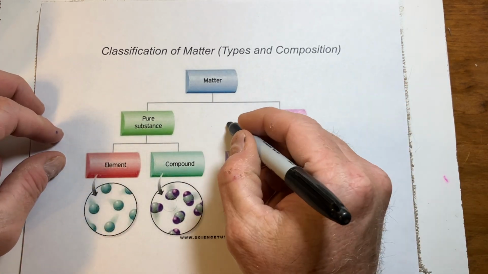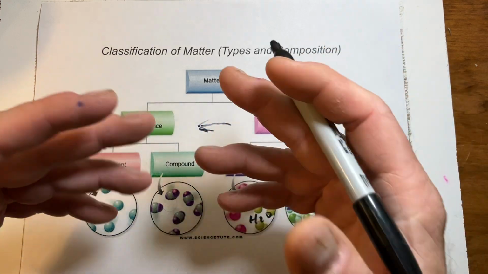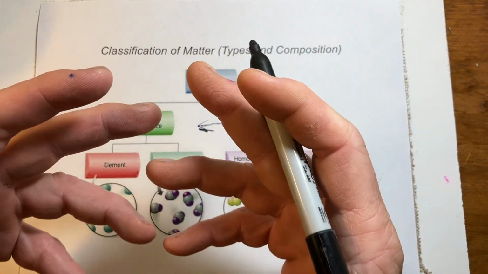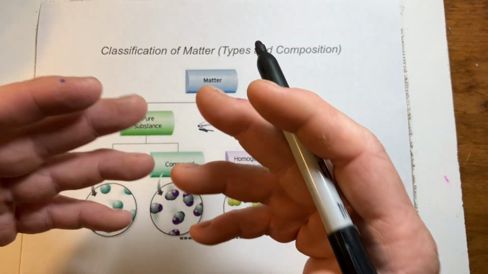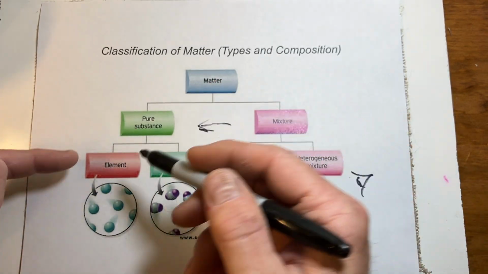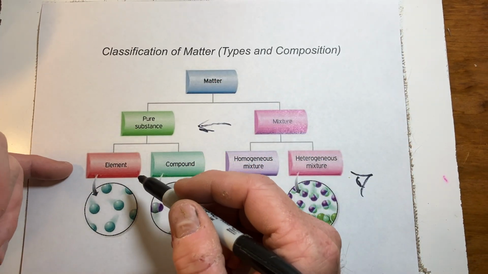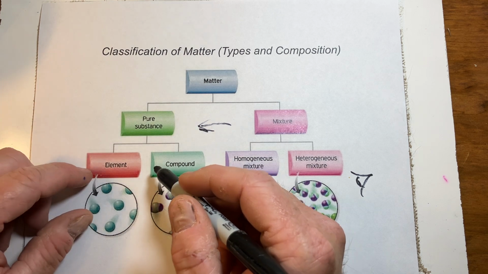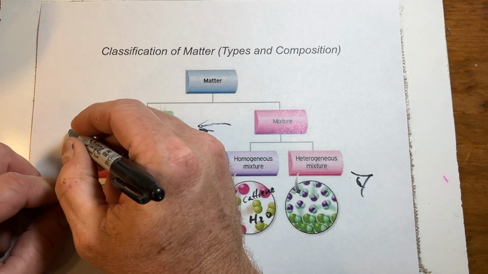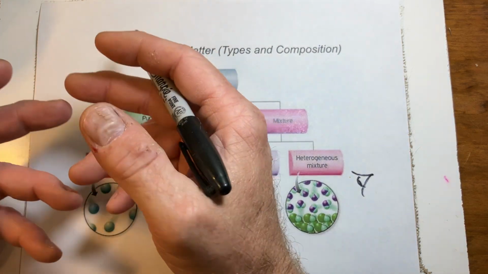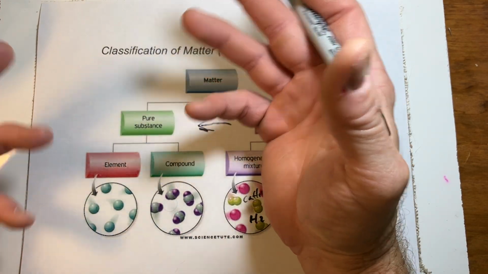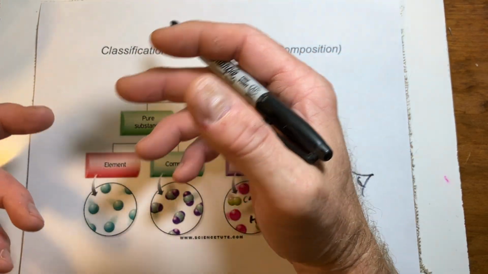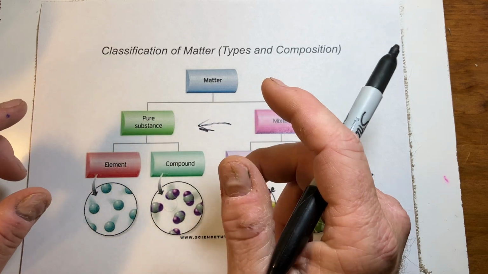Now, if we do live in that ideal world where the millions upon millions upon millions of atoms that we're looking at in our hand are exactly the same, then you'd have a pure substance, and it would be what we call an elemental form, or metals usually is the term you'd think of as metals. They're going to be 100% iron or copper. A piece of copper is close to being a pure substance.